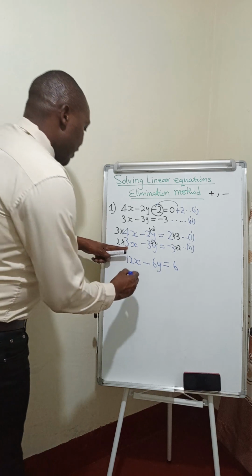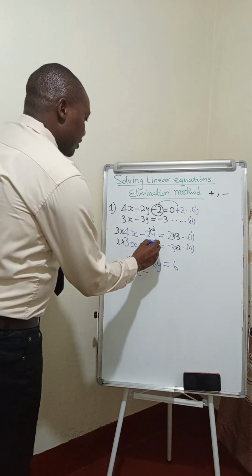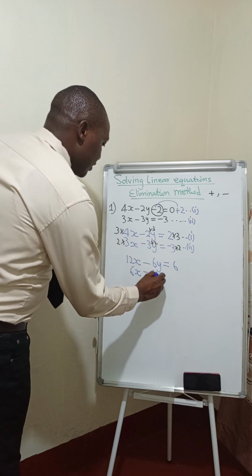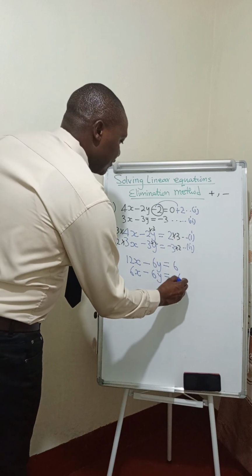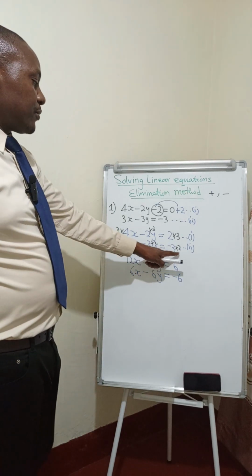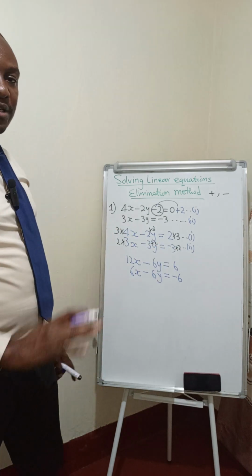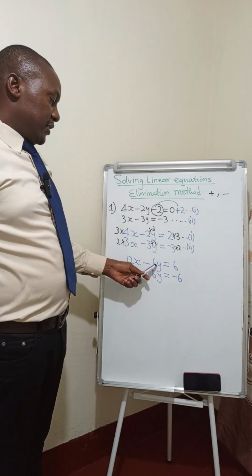Here, 2 times 3x, you'll get 6x, minus 2 times 3y, you'll get 6y, is equal to, here we shall get -6. -3 times +2, you get negative. Positive times negative, the answer is negative. Now, we have the same figures here.